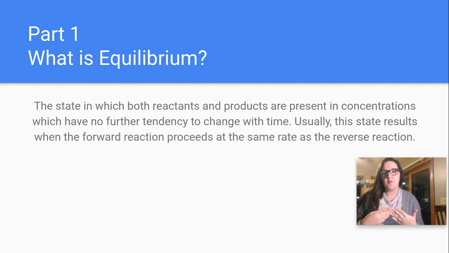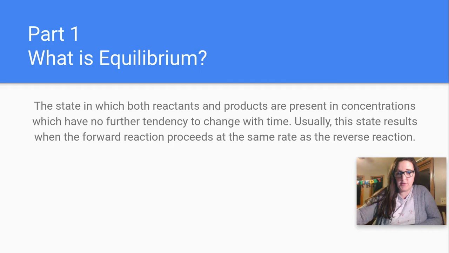We represent chemical reactions at equilibrium with an arrow that goes both directions, like a double-sided arrow, to show that the reactants are turning into products, and at the same time, those products are breaking back down into the reactants. So it's just when the forward reaction and the reverse reaction are happening simultaneously.